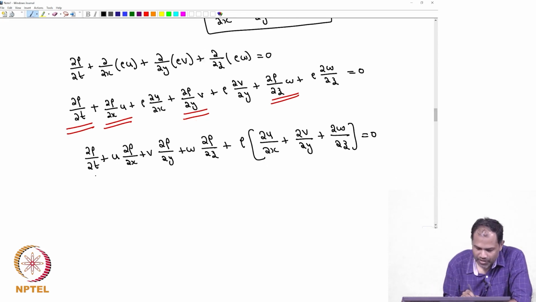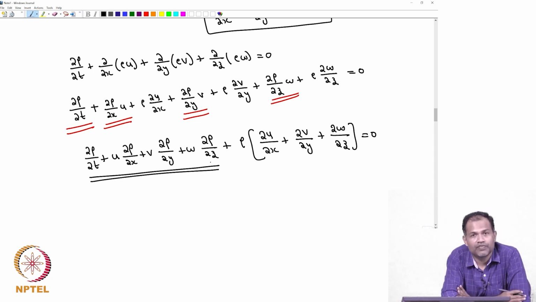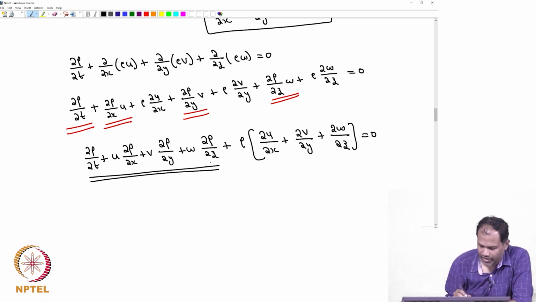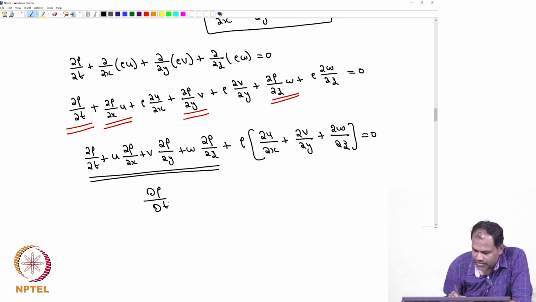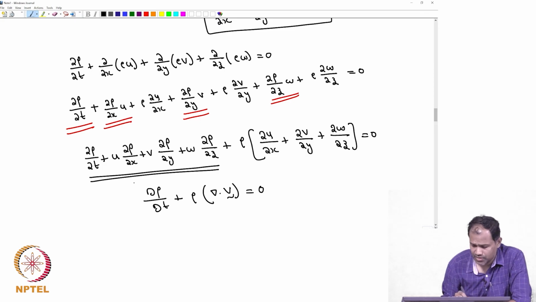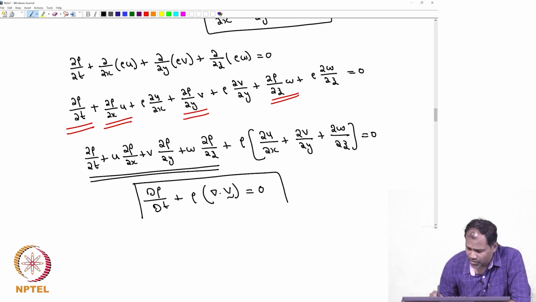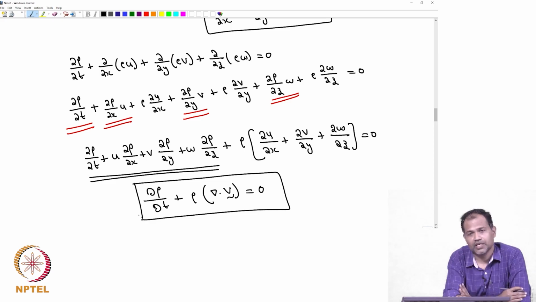Or simply put, this is nothing but the substantial derivative of rho that we had defined. So, this is d rho by dt plus rho times divergence of v is equal to 0. This is another form in which you can write the continuity equation.